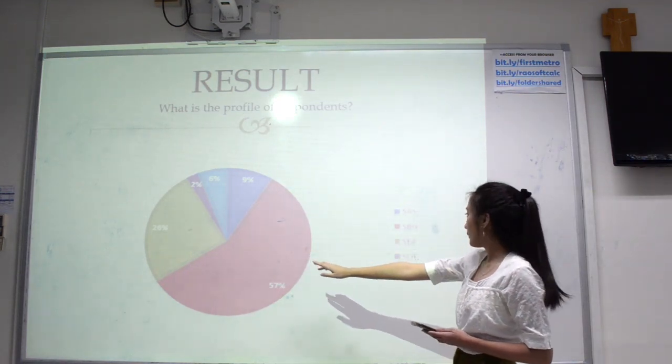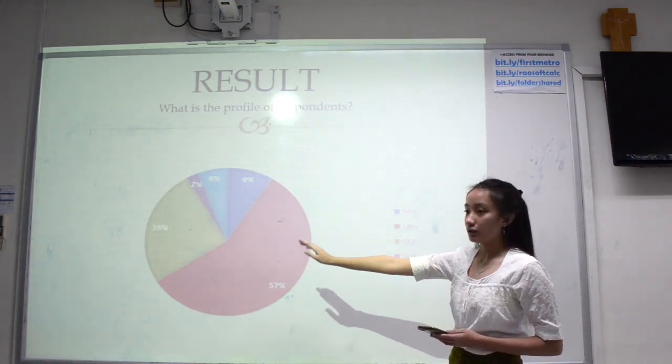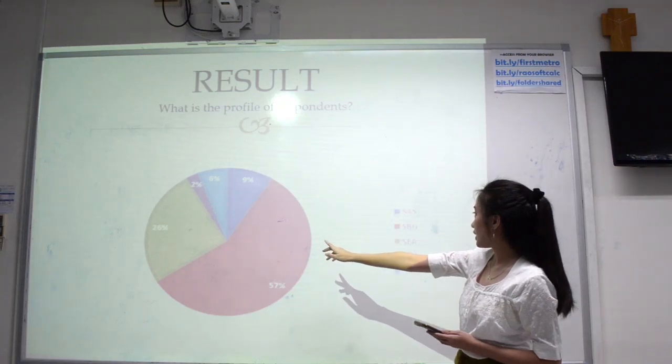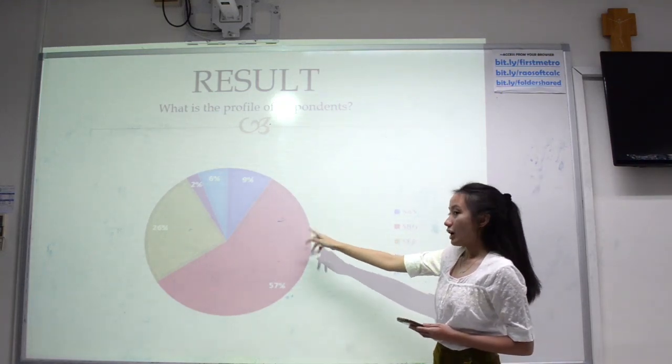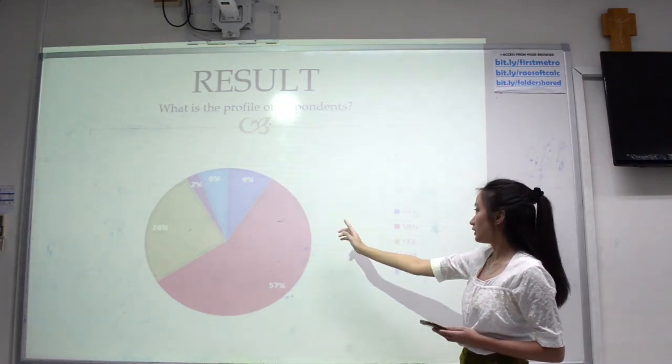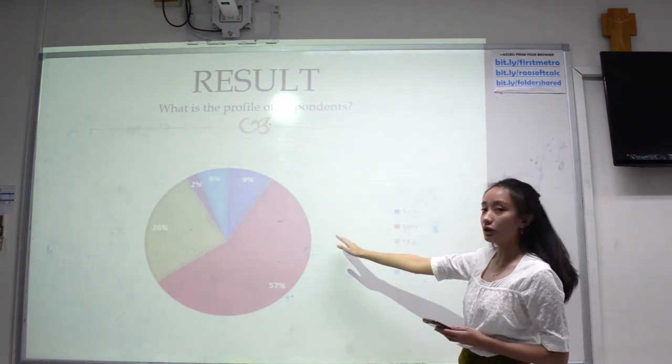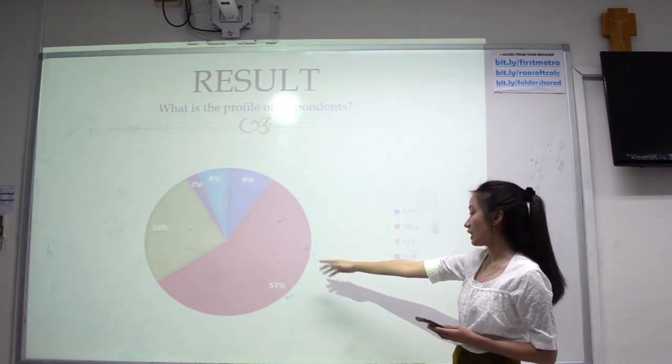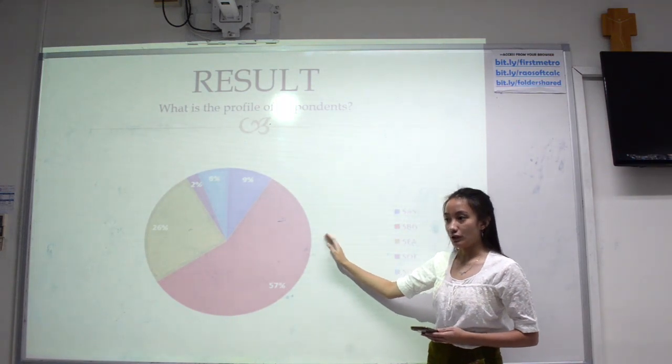Second is the Engineering and Architecture division. Third is the Arts and Science division, next is the School of Nursing division, and lastly the School of Education division.